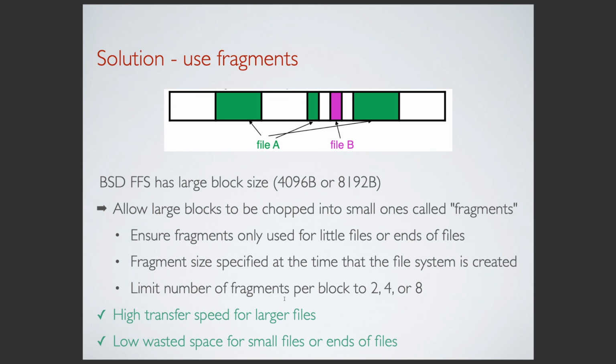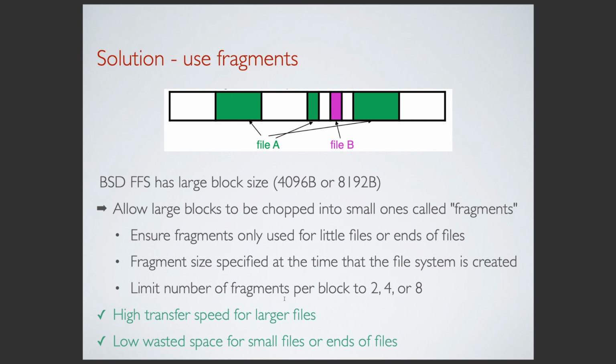Okay, so here again, you still work at the level of blocks, but for the small piece that you have for small files, or for a file that is larger than a block, you have these fragments. Okay?